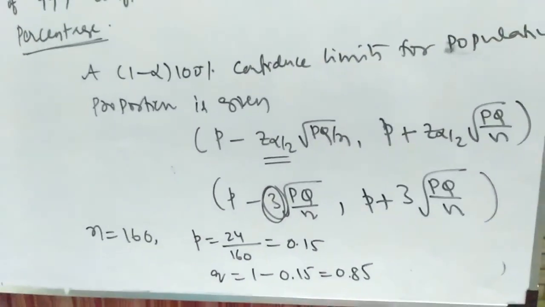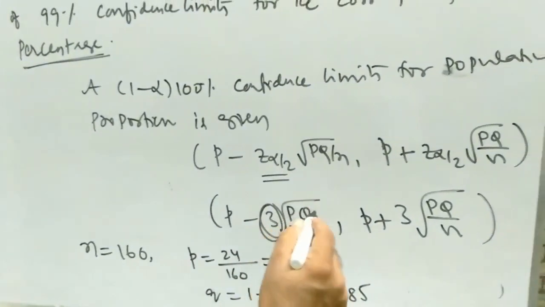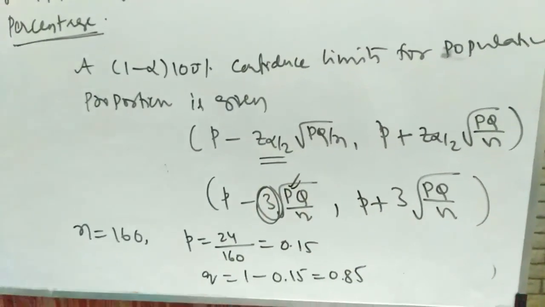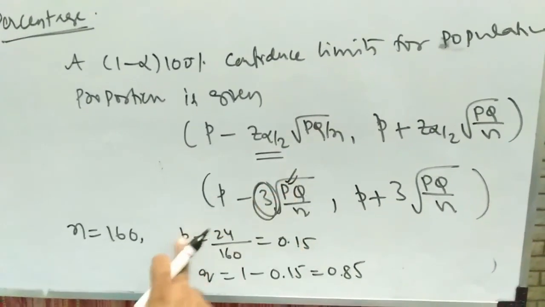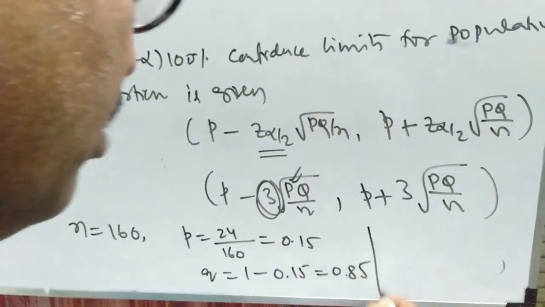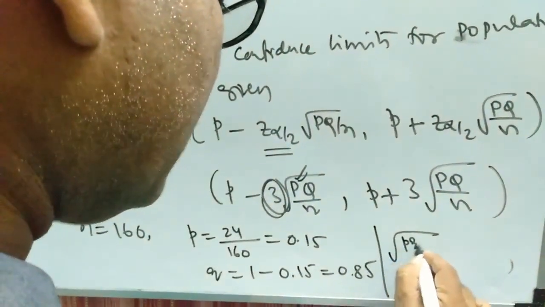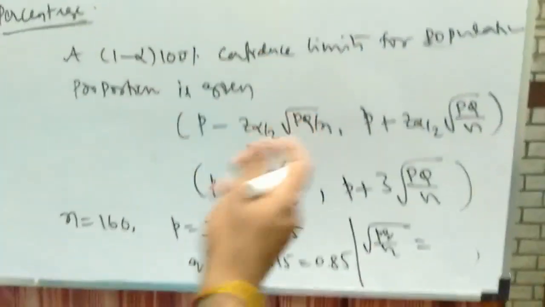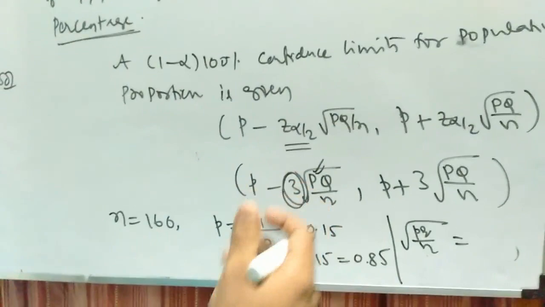So P and Q are not known values. This value we are estimating, population proportion, and I can choose the substitute value as small p. So now here I find root of small p by small q by n also. P is unknown quantity, we are estimating from the sample proportion.